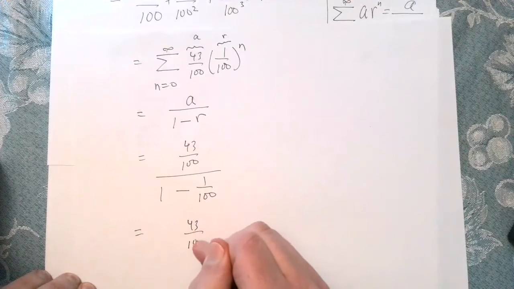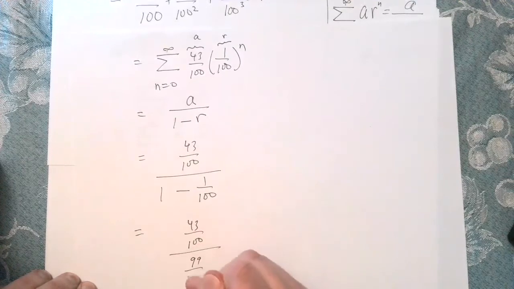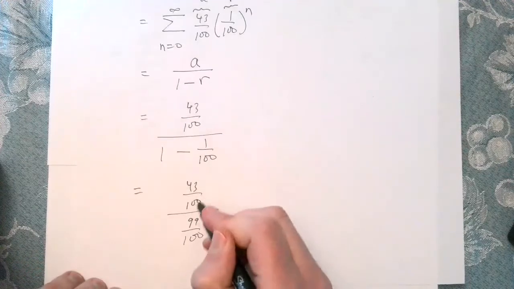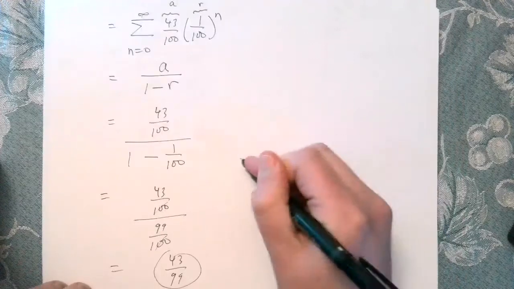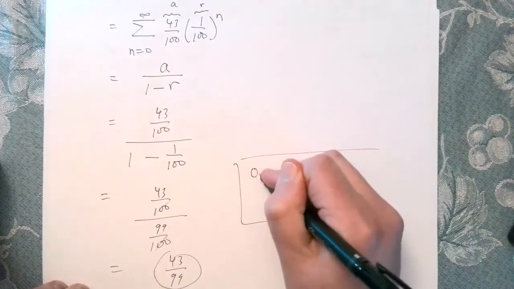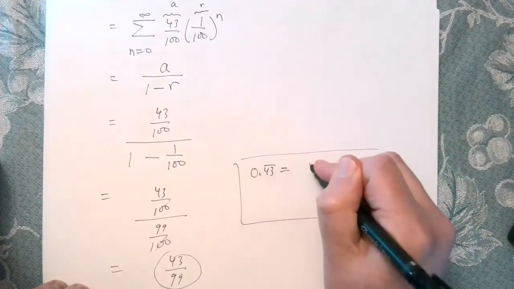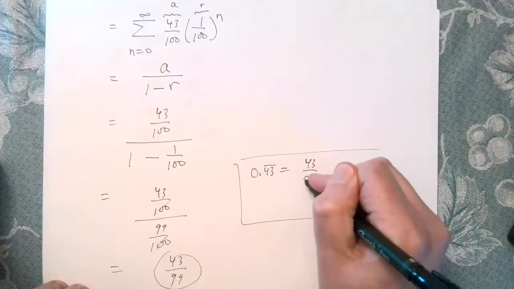So this is 43 over 100 over 99 over 100. Notice that the 100s will cancel, and that gives us 43 over 99. So we're able to express our repeating decimal as the ratio of two integers.